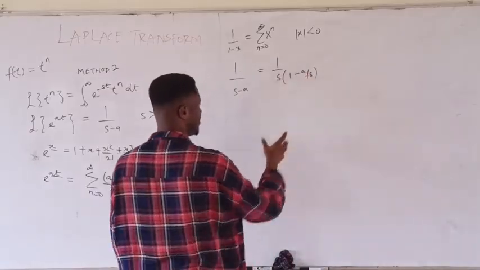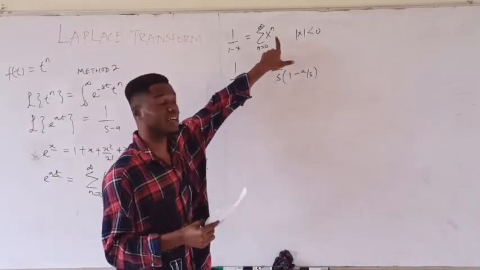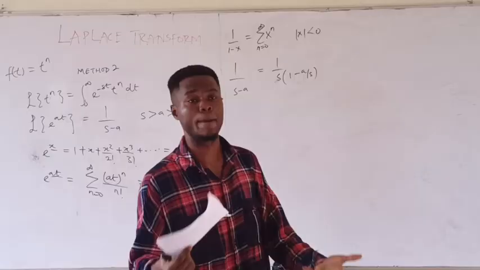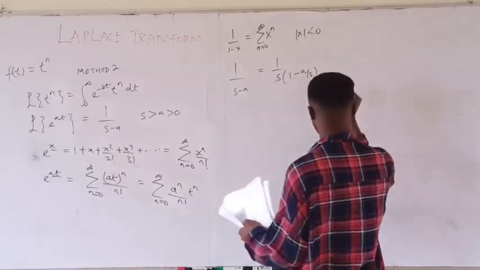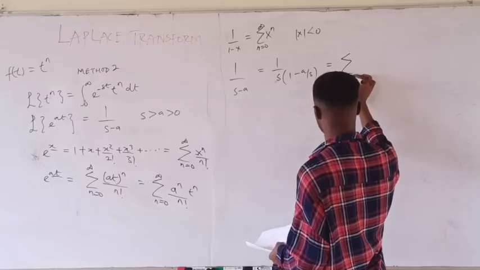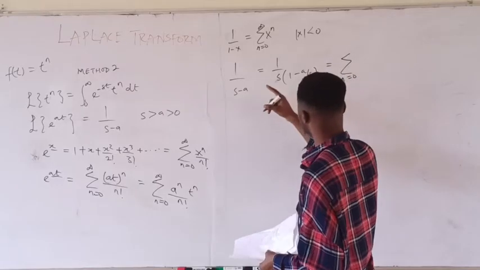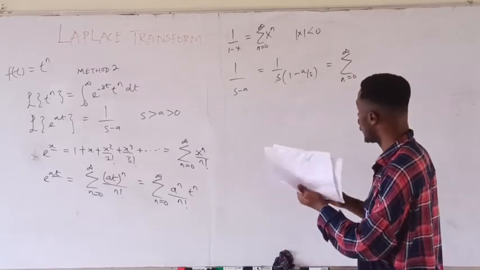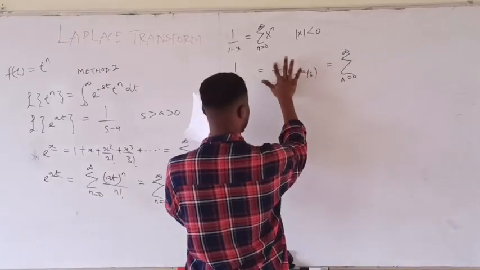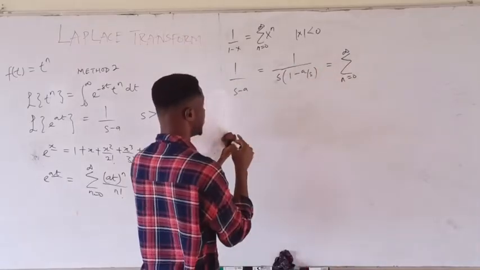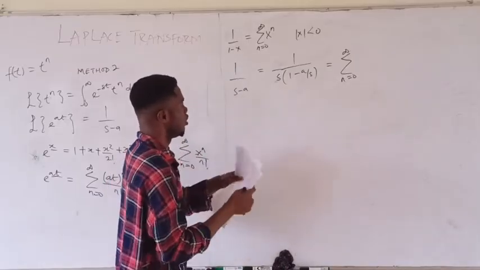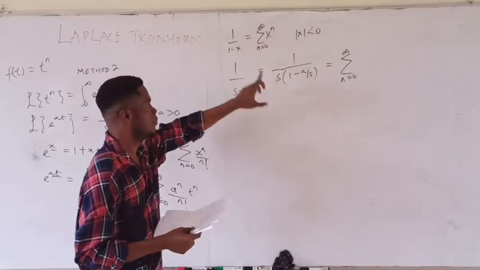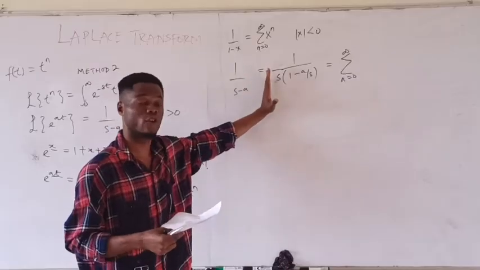So since I have written this as this, I want to write this function as this one. If I write this function as this one, it will help me get the answer that I am working towards. Hence, this is now equal to the summation of n equals 0 to infinity. Now I want you to note that in this situation, 1 over 1 minus a over s is just this, but 1 over s is outside of this function.